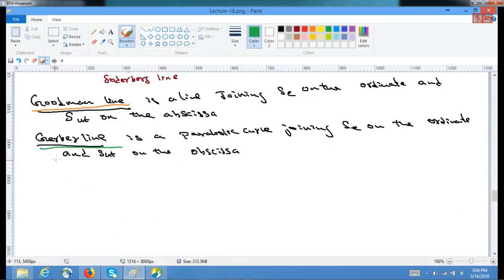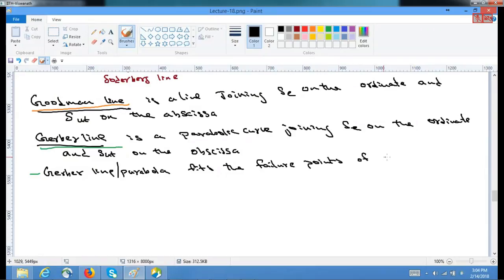So the Gerber line or parabola fits the failure points of the test data in the best way.